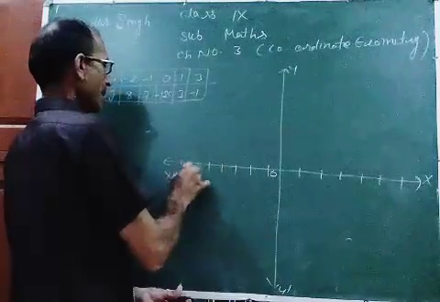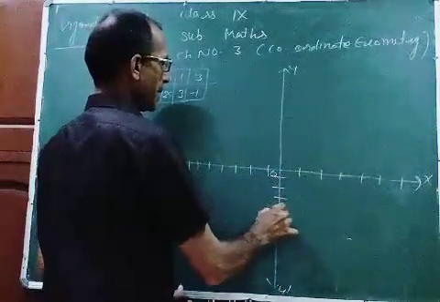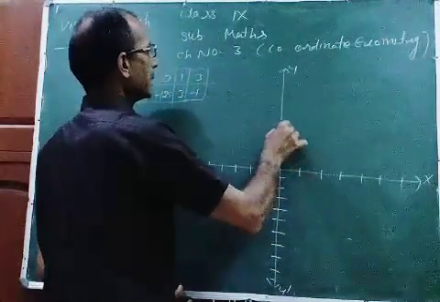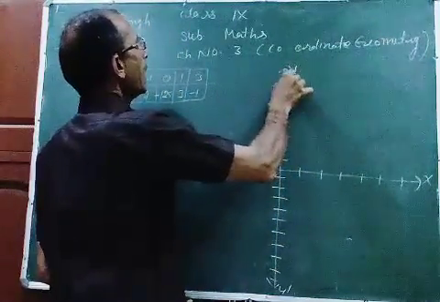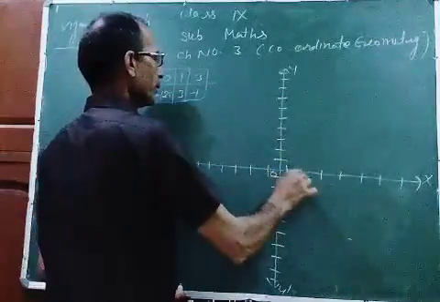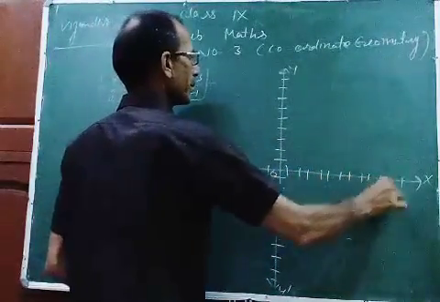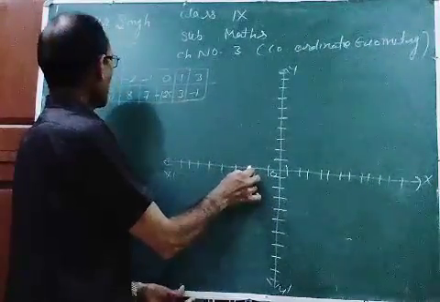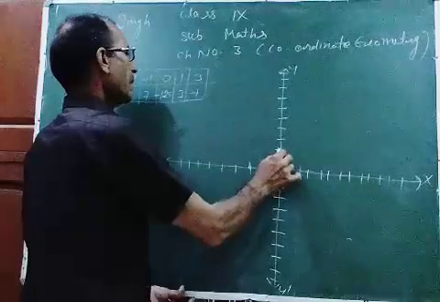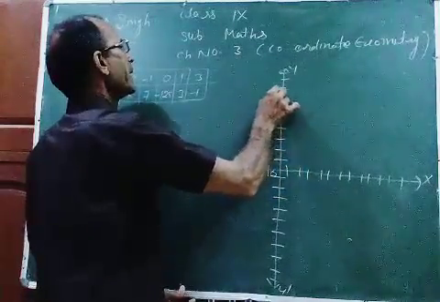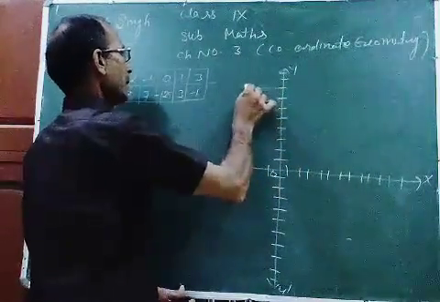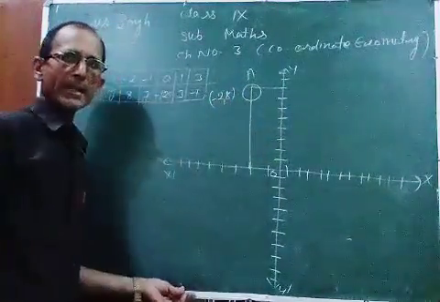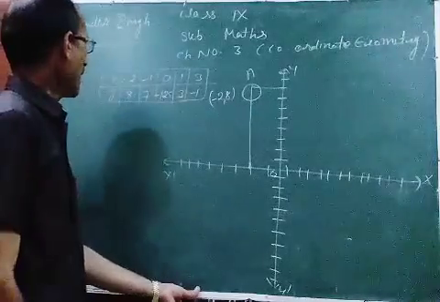At equal distance, according to your requirement, you can take. x is -2, it means left side of the origin. 1, 2. Minus 2, y is 8: 1, 2, 3, 4, 5, 6, 7, 8. So this is A, (-2, 8).